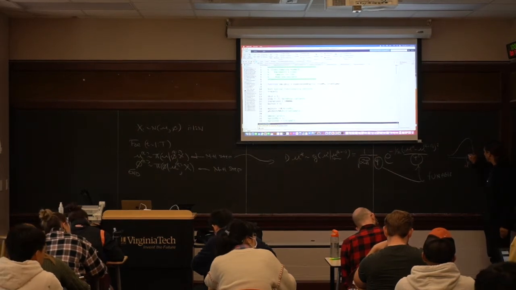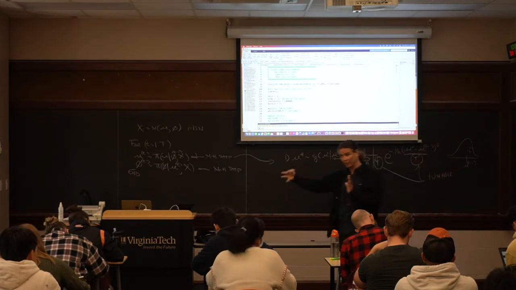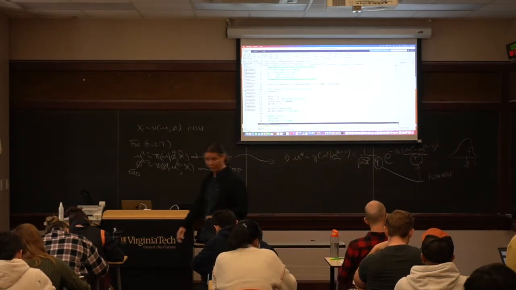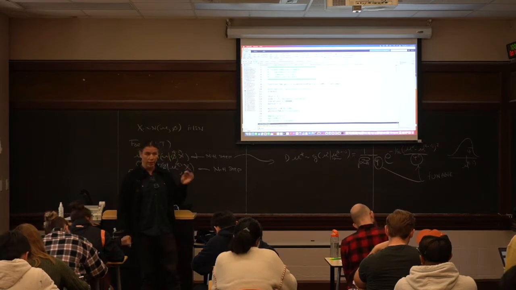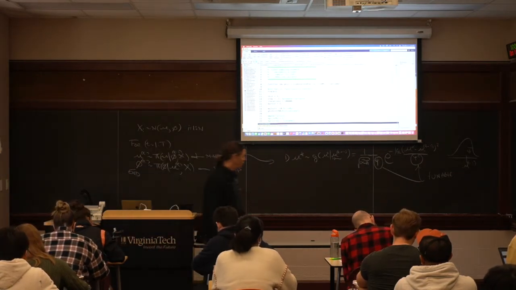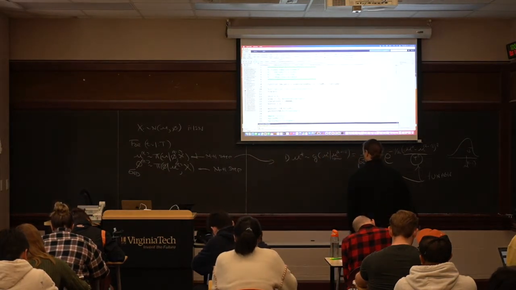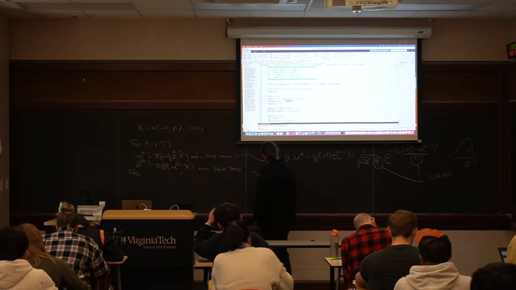If I make psi very big, it's going to propose things potentially very far away from what I've seen last time. And if I make psi very small, it'll propose very closely to what I've seen last time. We're going to do something similar right here, and we're going to use a truncated normal.